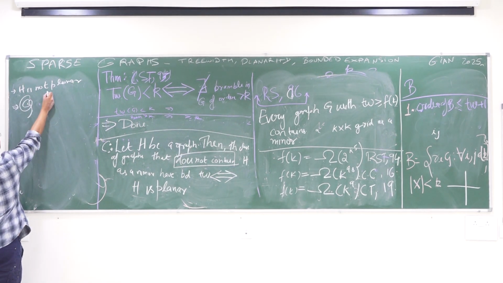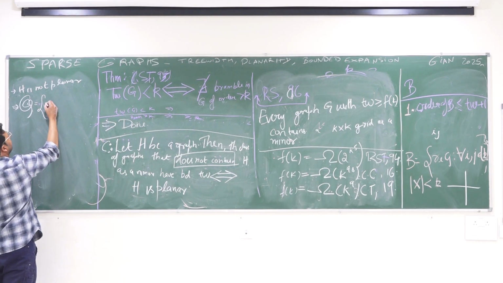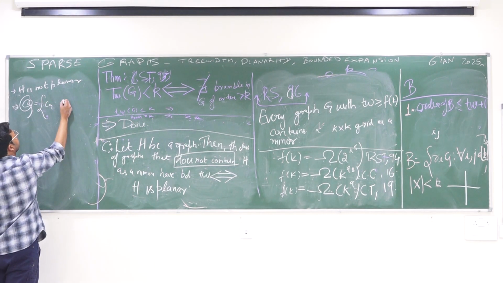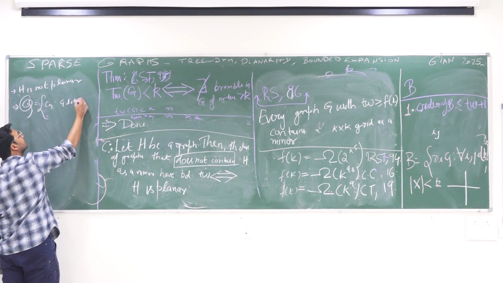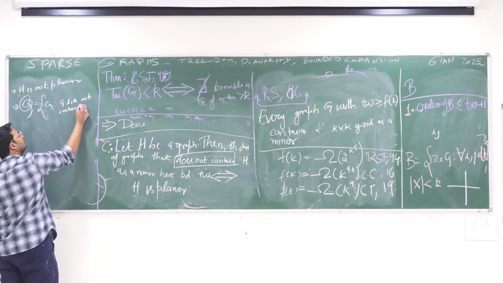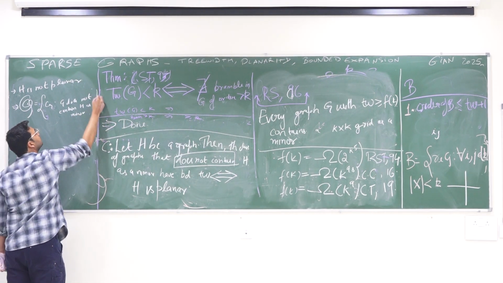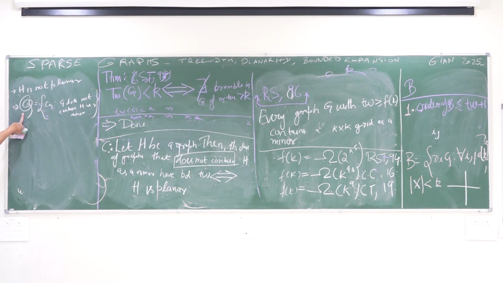Because if H is not planar, then take a graph class G such that G does not contain H as a minor.